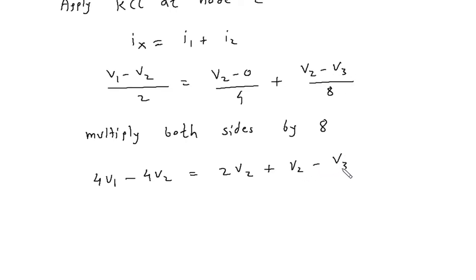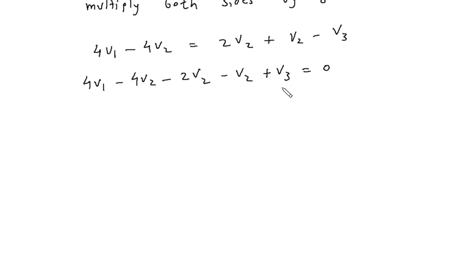Now this will be 4V1 minus 4V2 minus 2V2 minus V2 plus V3 is equal to 0. So 4V1, then minus 7V2 plus V3 is equal to 0. Let's say this is equation number 2.